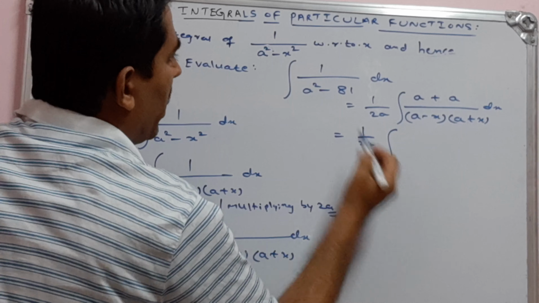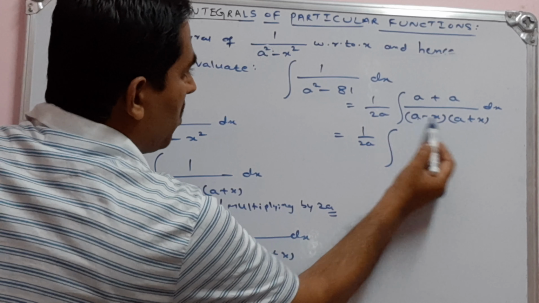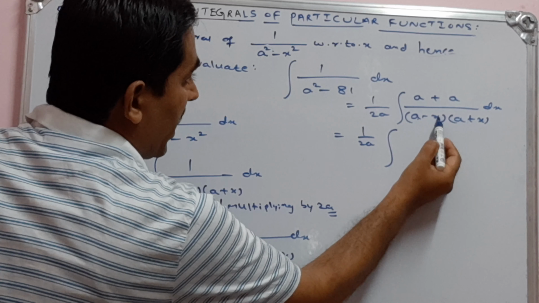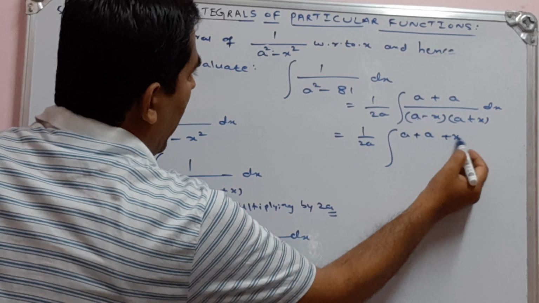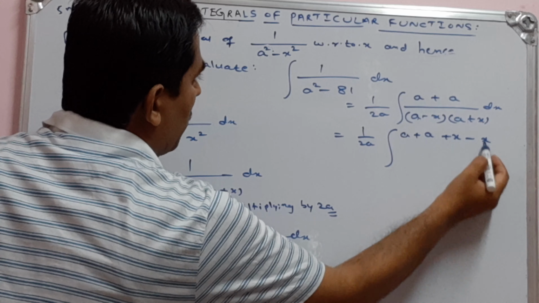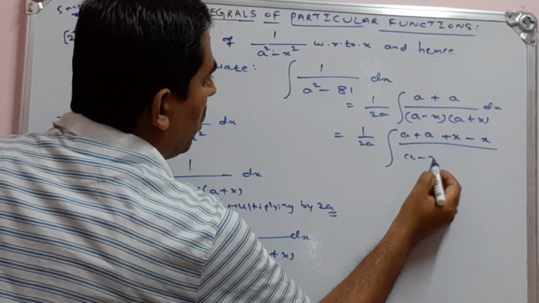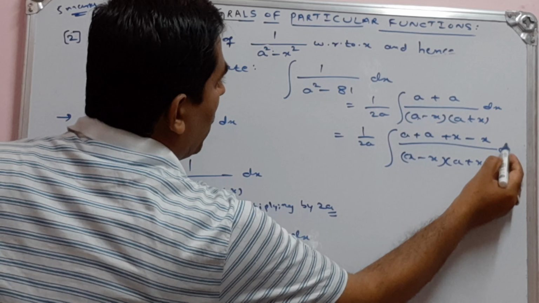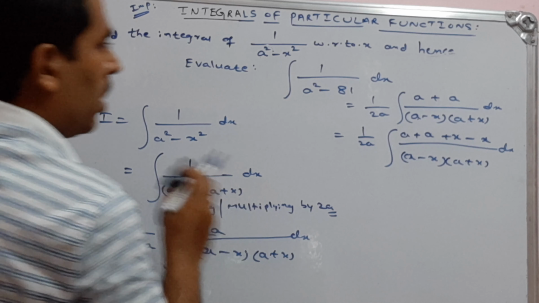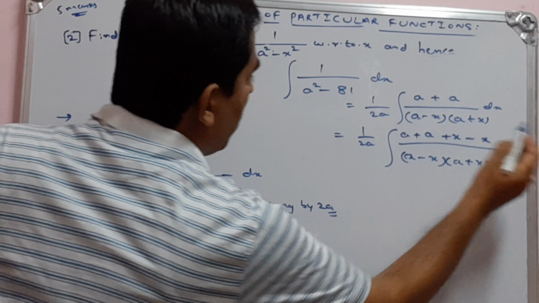The first term is a. I want x because a is attached to x. So in the numerator, add and subtract x. Then write all the terms as it is, a minus x into a plus x, with respect to x. Let me write dx.